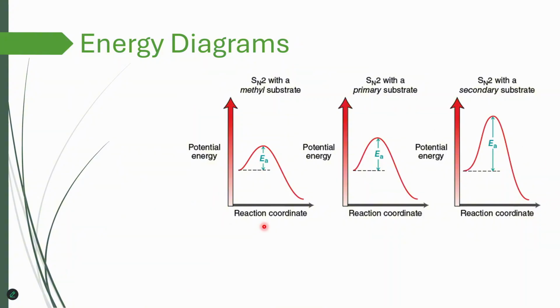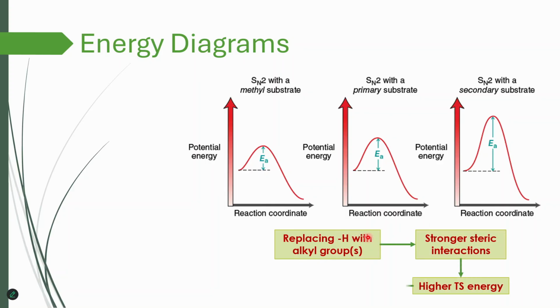What we have to understand from this graph is that when you replace hydrogens with alkyl groups, going from primary to secondary to tertiary, you have stronger steric interaction in the transition state, which makes its energy higher. That's why you have higher activation energy and a slower reaction.